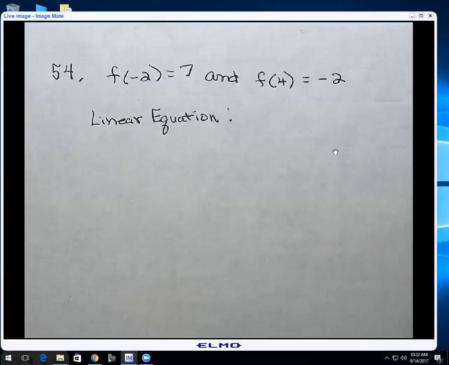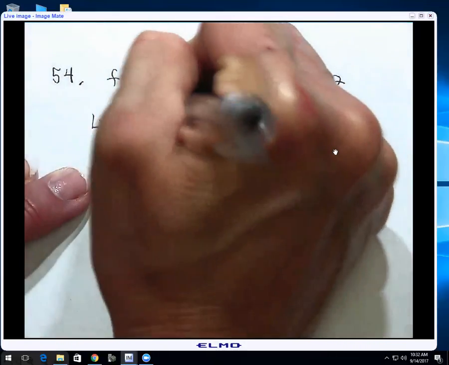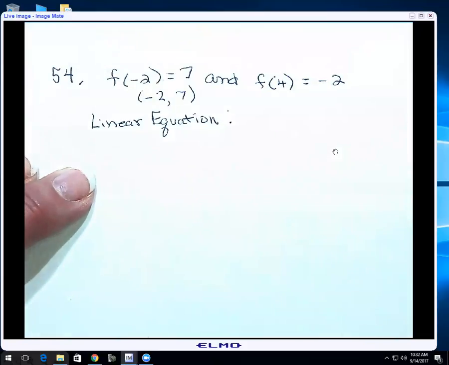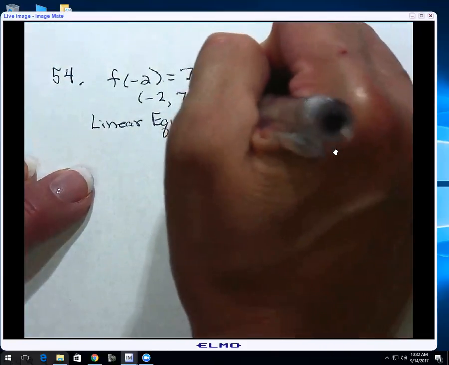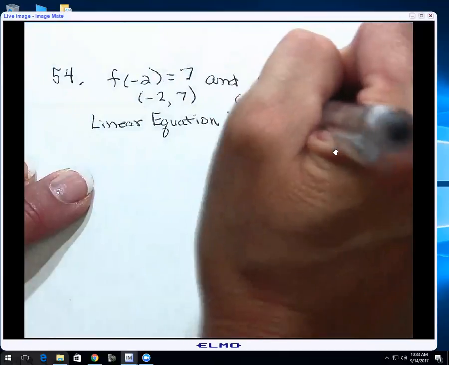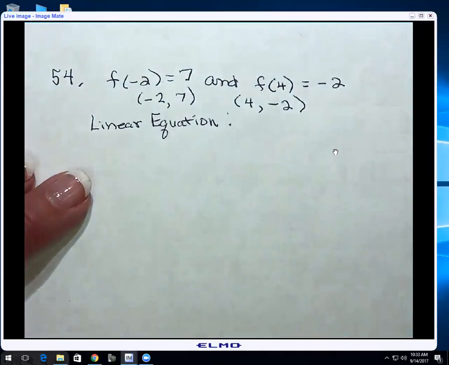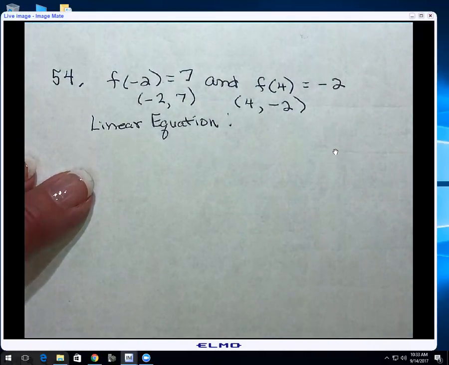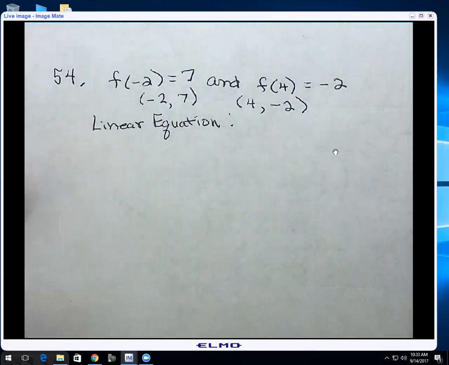What am I given there? I'm given 2 points. That first f of negative 2 equals 7 is the ordered pair negative 2, 7. f of 4 is negative 2 means when x is 4, y is negative 2. So what's the first thing I have to find? The slope.